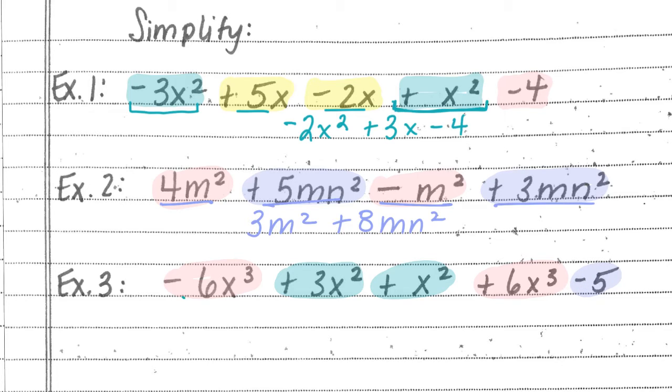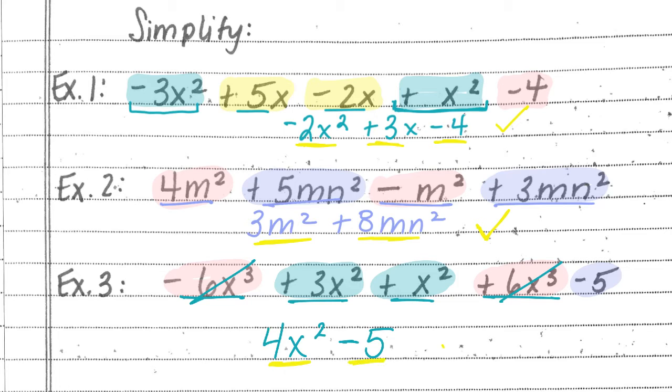When I add these together, notice the negative and the positive, those are opposites, those will cancel out. 3 and 1 is 4x squared. And the constant, negative 5, stands alone. Let's just review. This is called a trinomial because it has 1, 2, 3 terms. This is a binomial. It has 2 terms. And we have another binomial with 2 terms.